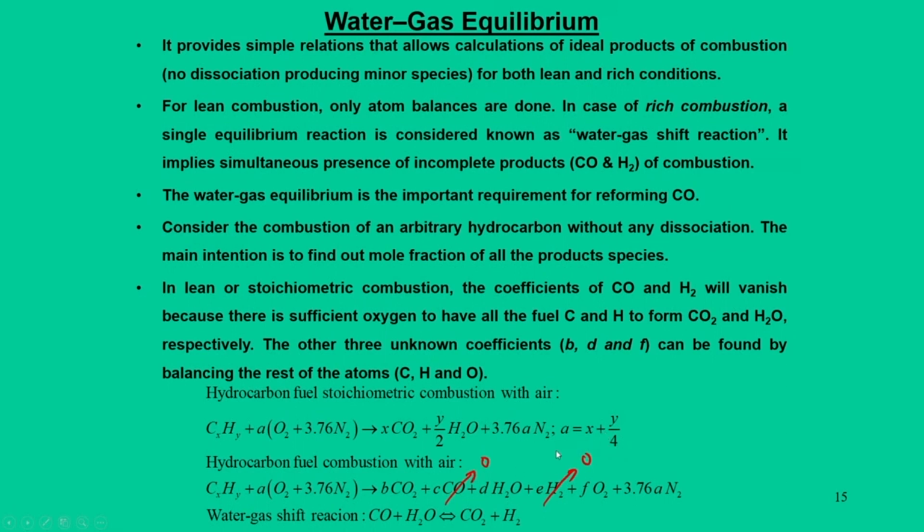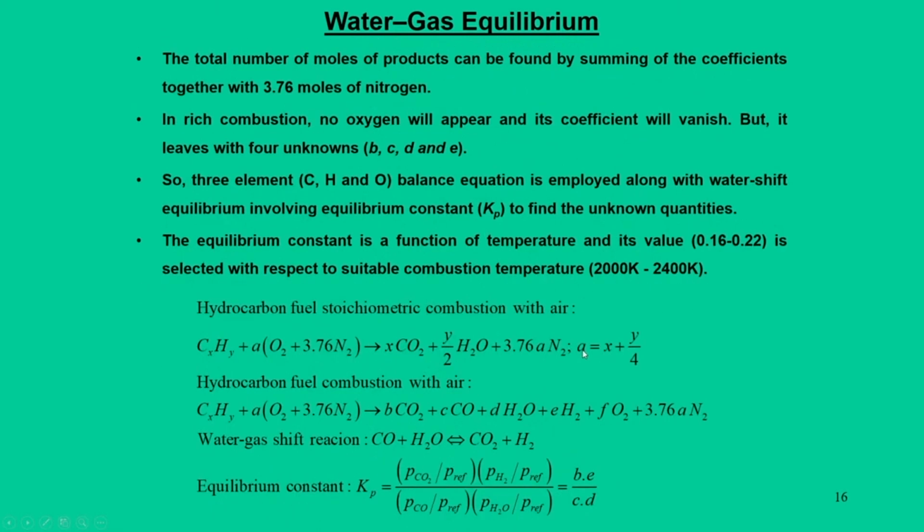So, B, D and F are unknown, and this atom balance can be done for carbon, hydrogen and oxygen to have a balanced equation. So, basically, during lean or stoichiometric combustion we do not require the water shift reaction, first because there is no CO, and second because we have sufficient equations to find the stoichiometric coefficients.